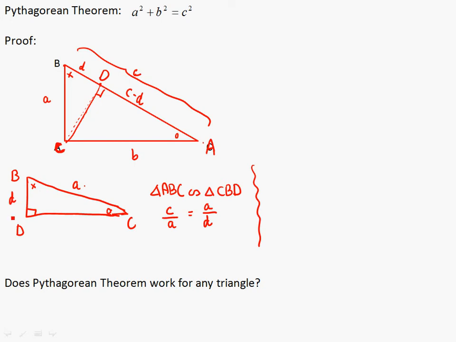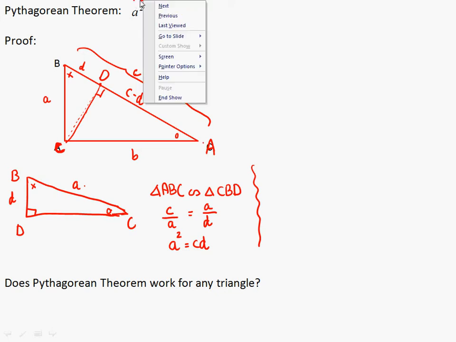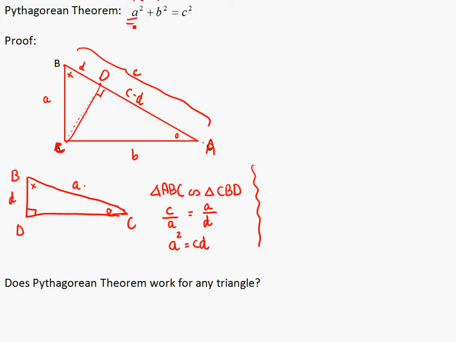You okay with that? Then we multiply this out, and maybe now you see why I did it this way. That gives you A squared is equal to C times D. Now I have found this term over here. Okay, so what I have is this one. You okay with that?